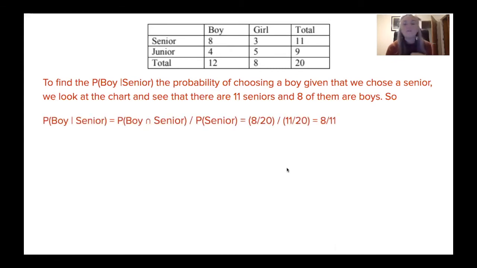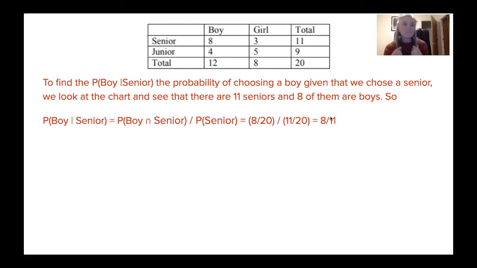So the formula looks like the probability of boy given senior is the intersection of boy and senior divided by the probability of senior, which is 8 out of 20 divided by 11 out of 20, or 8 out of 11.